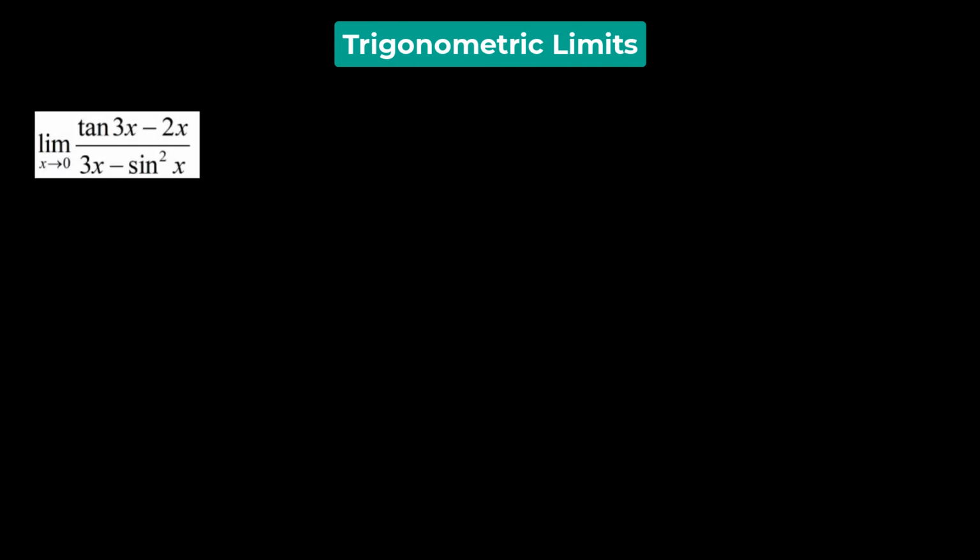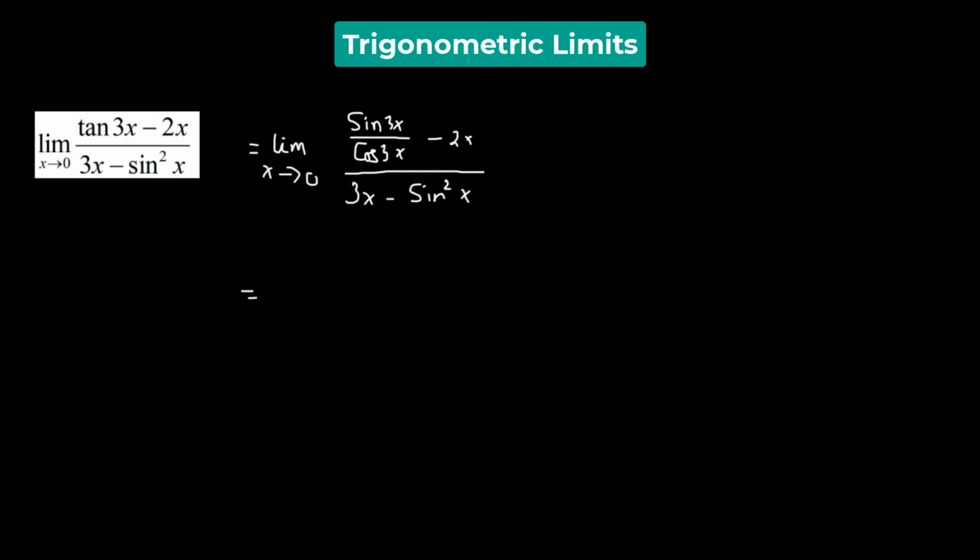So here we have the function tan 3x minus 2x divided by 3x minus sine squared x. Here we are going to convert the tangent function to the ratio sine over cos. So we have sine 3x over cosine of 3x minus twice x divided by thrice x minus sine squared x.